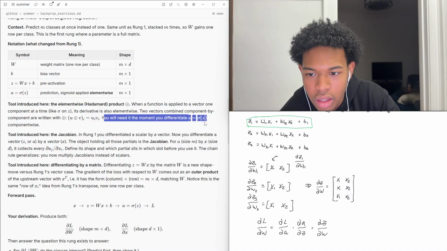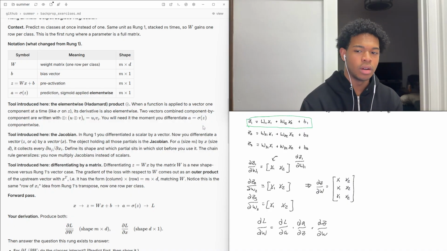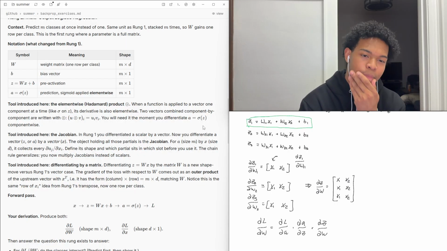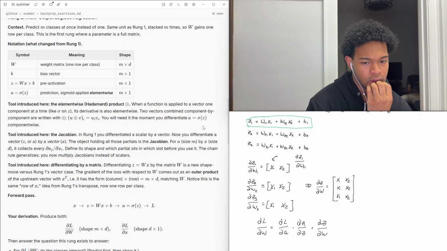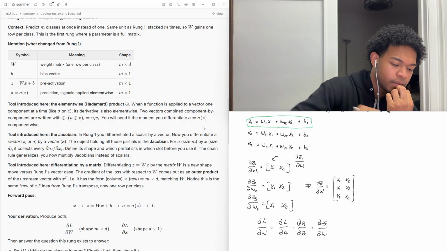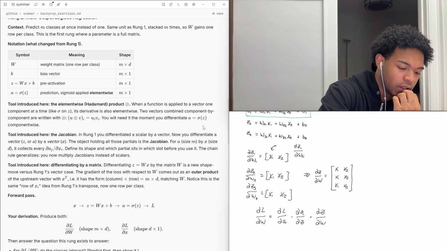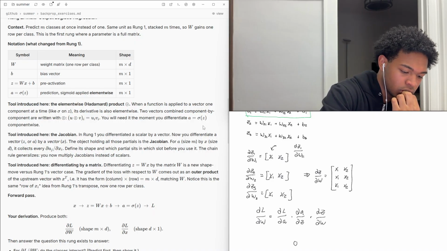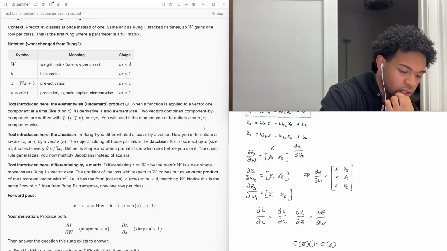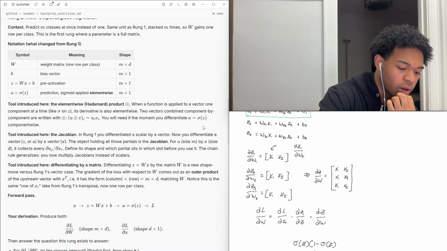So A with respect to Z is still sigmoid of Z times 1 minus sigmoid of Z, three times because it's element wise.